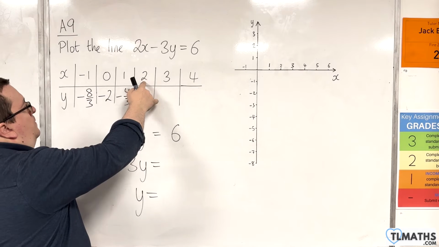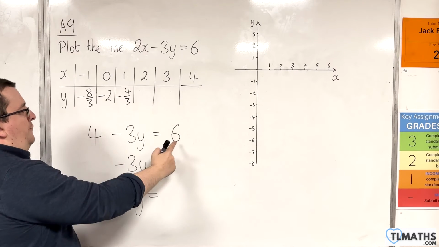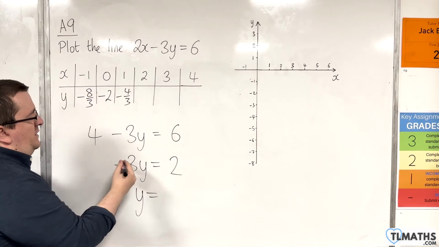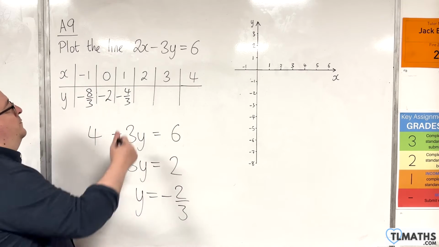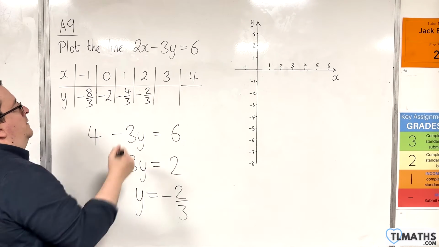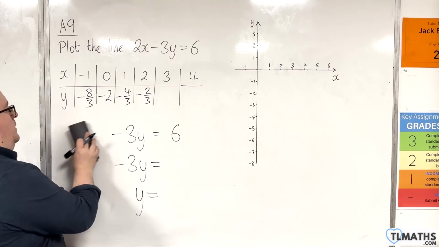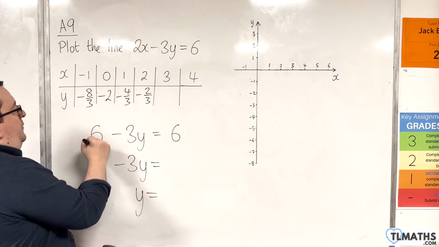When x is 2, we'll have two lots of 2, which is 4. Subtract the 4 from both sides, so 6 take away 4 is 2. And then divide both sides by minus 3, so minus 2/3. When x is 3, two lots of 3 is 6.